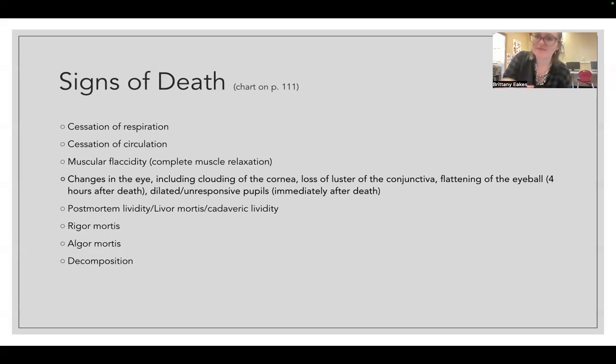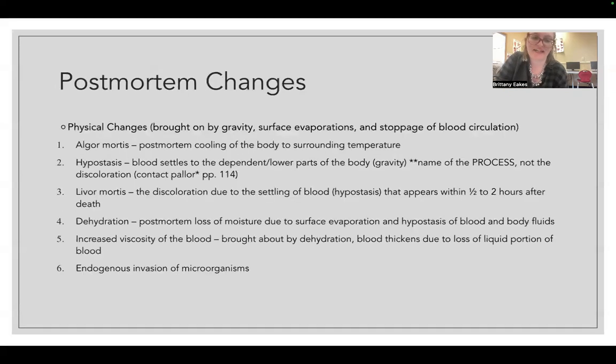It's the muscles, but it acts on our skeletal bones, right? But it's actually every muscle in the body that's affected. Algor mortis, the cooling of the body. And then, of course, the most obvious sign of death is decomposition. Can't deny that. And we have postmortem physical changes.